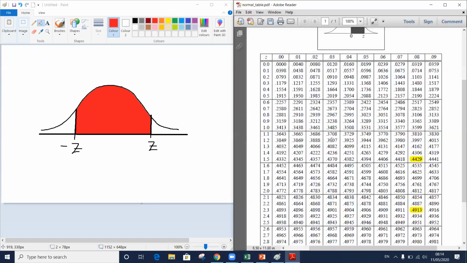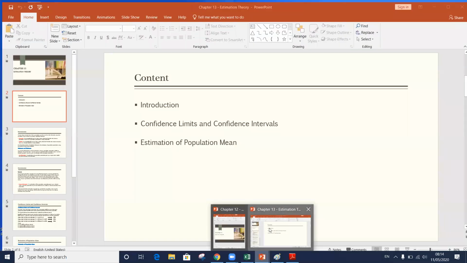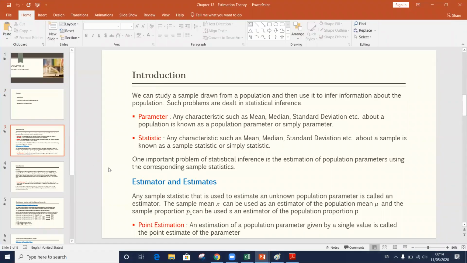From the normal table you can find it. When it is positive 1.68, the probability value is this. When it is negative 1.68 also, the probability value is this. So what will be the probability value represented by this range here?